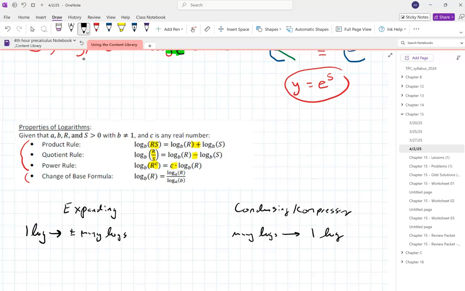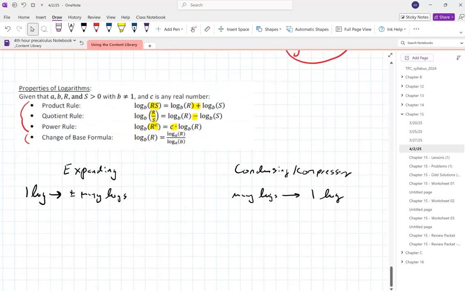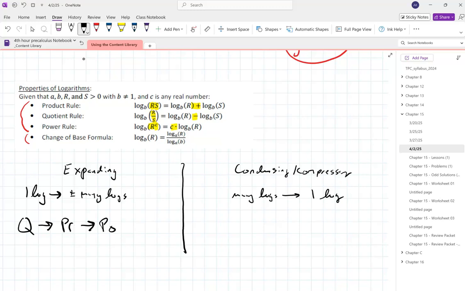The way we're going to do that, expanding or condensing, is using our properties of logarithms. In general, for expanding, we're going to go quotient, product, and then power. For condensing, we're just going to do the opposite order: power, and then product, and then quotient.